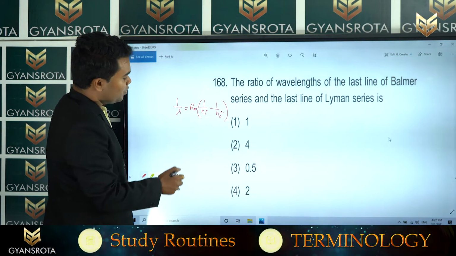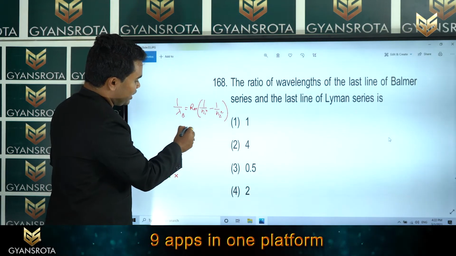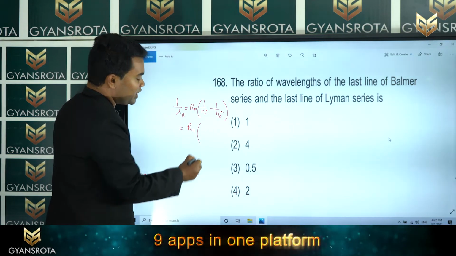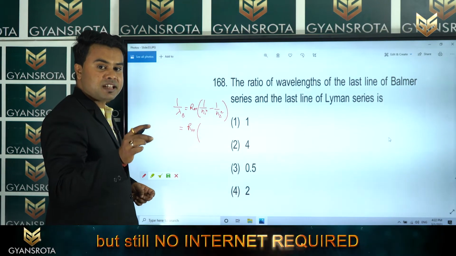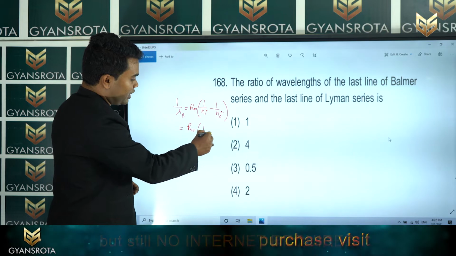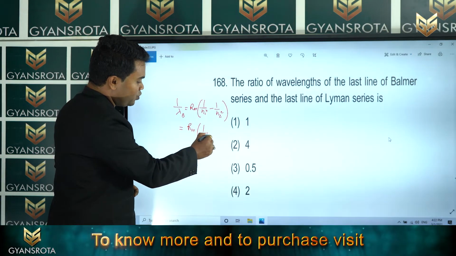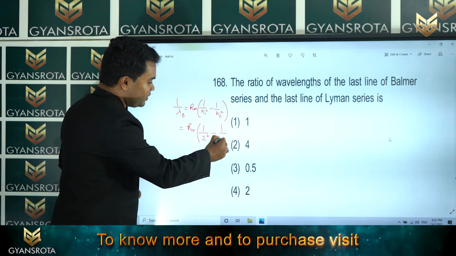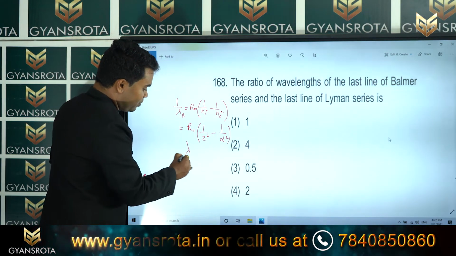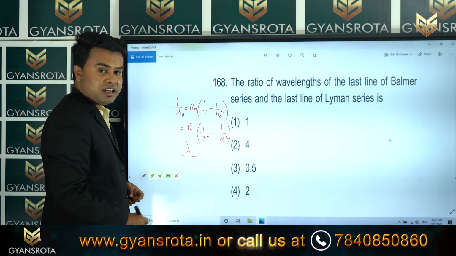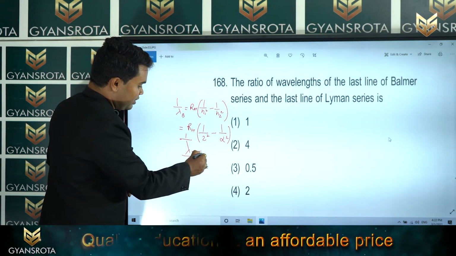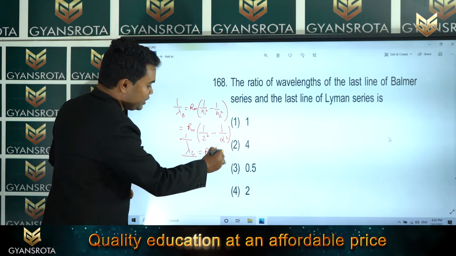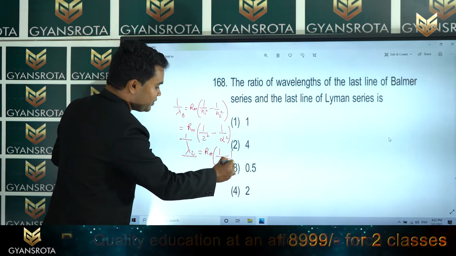First, for Balmer series, you will put RH. In Balmer series, electron jumps from any other orbit to the second orbit. So your n1 will be 2, and n2 will be infinity square. And then we have Lyman series, that is 1 by lambda L. It will be RH, jumping to the first orbit from infinity.